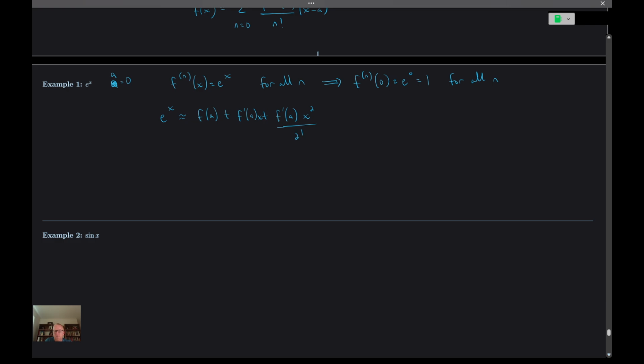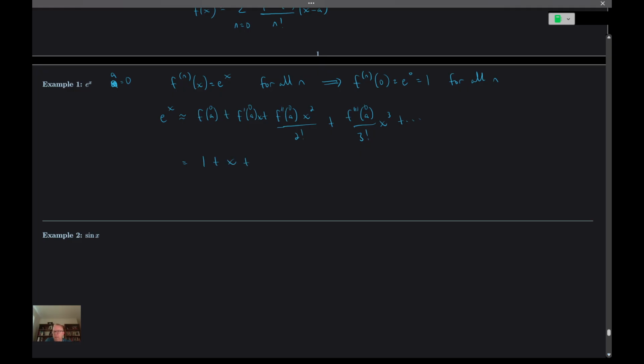Plus f triple prime of a over 3 factorial times x cubed, and on and on. Okay, so now let's plug in what we have. f of 0 is going to be 1. f prime of 0 is 1, times x.